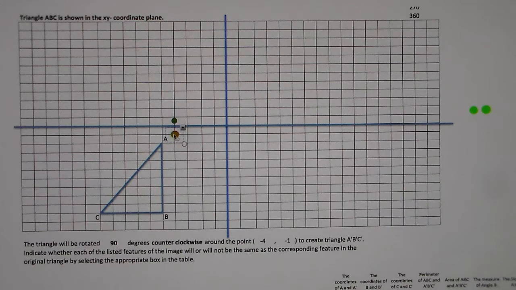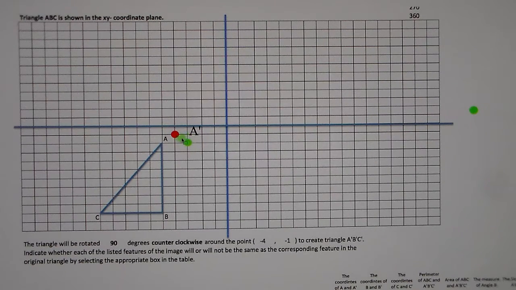So this is south and then west, we're going to do east then south. That's how we're going to find our A prime. So right there is the coordinate of A prime. Southwest 1, 1, will be east, south, 1, 1.